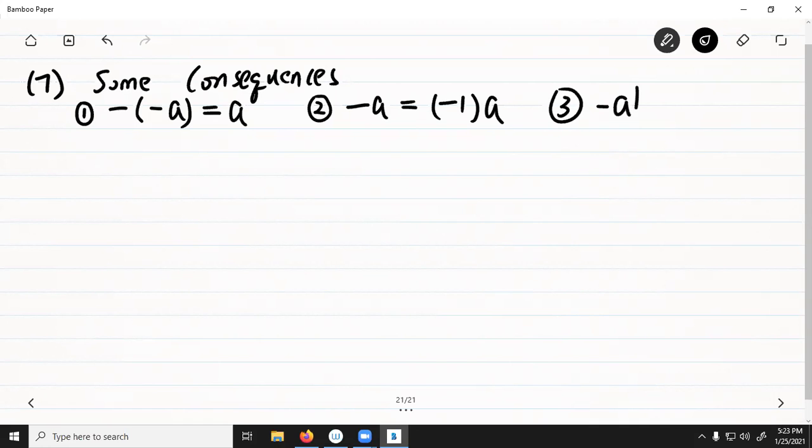Negative A times B equals negative A times B. 4.